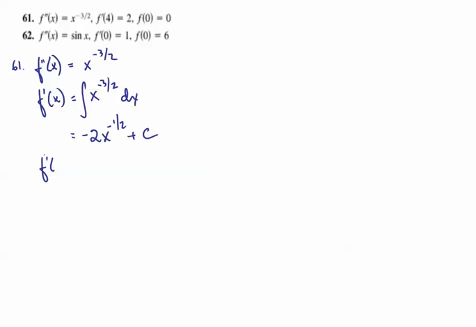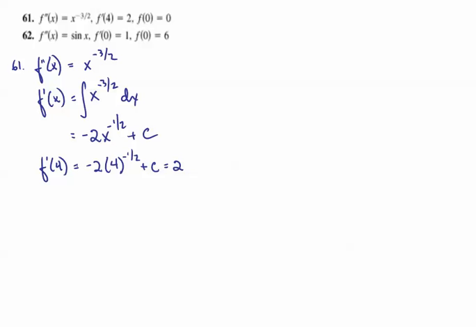We have a point on the first derivative. We know that f prime of 4, negative 2 times 4 to the negative 1/2 plus c, has to equal 2. Then that tells us that 4 to the negative 1/2 is 1 over the square root of 4, which is 1/2.